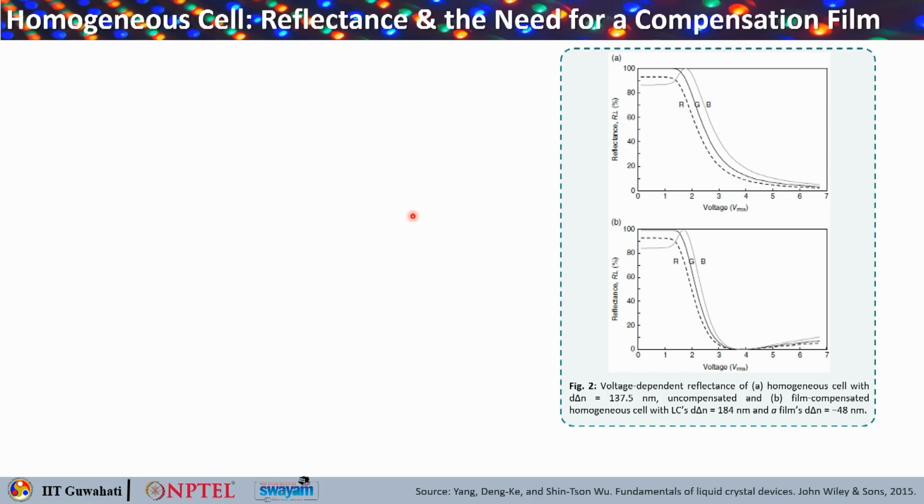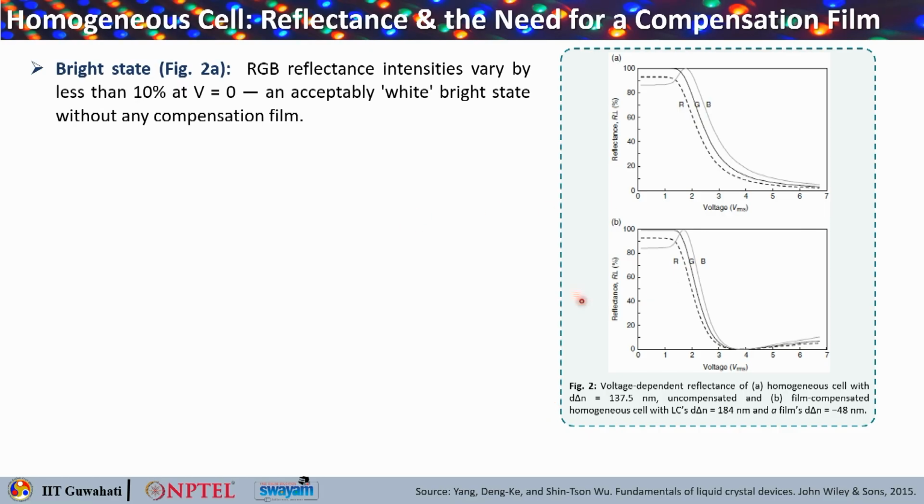Now, here we show the reflectance and the need for a compensation film. So, look at the bright state in figure 2a. This is showing you the voltage dependent reflectance of a homogeneous cell with d delta n equals 137.5 nanometer, which we just calculated in the previous slide, and this is the uncompensated one.